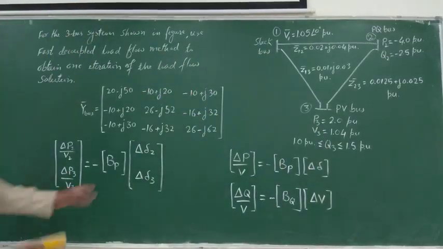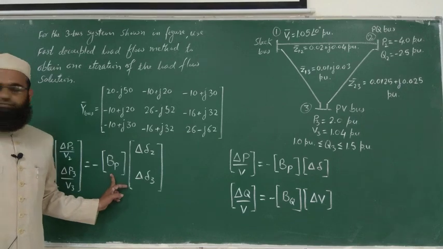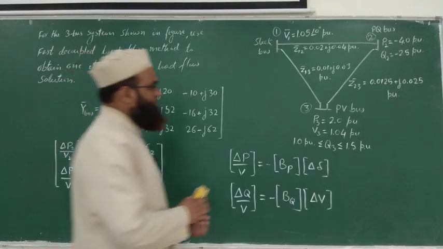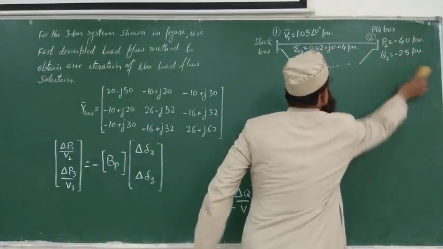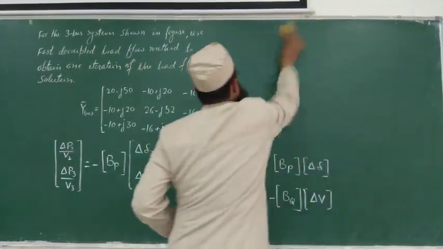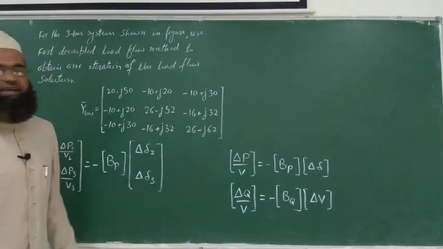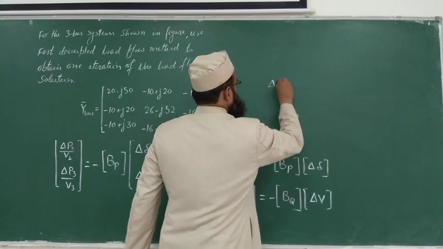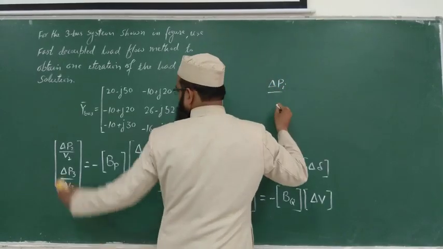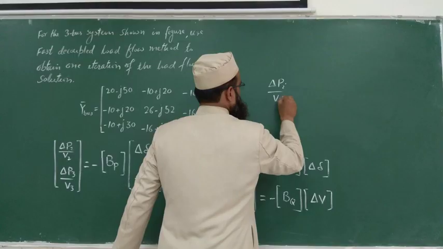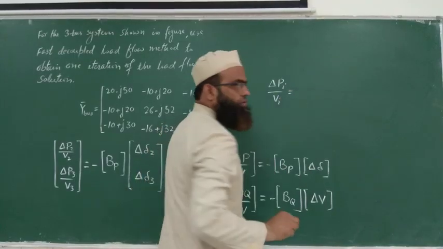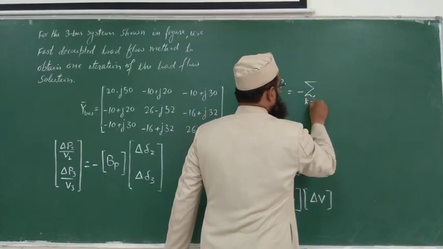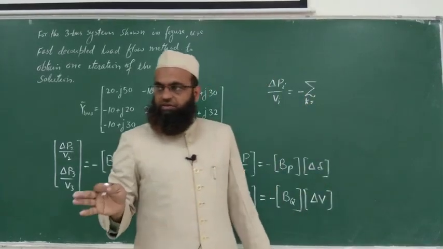So how to get the value of this matrix? Remember, in general, we know that for any bus, ith bus, we may write del Pi upon Vi will be equal to negative of summation from bus number 2, because first bus is slack bus.